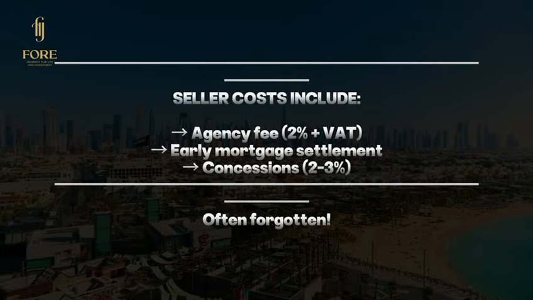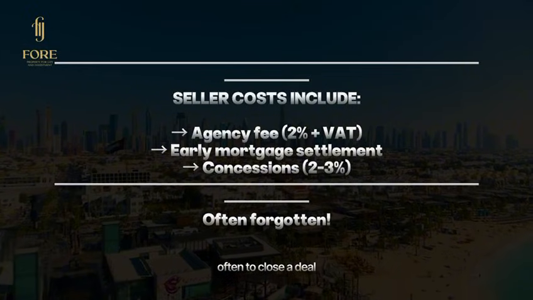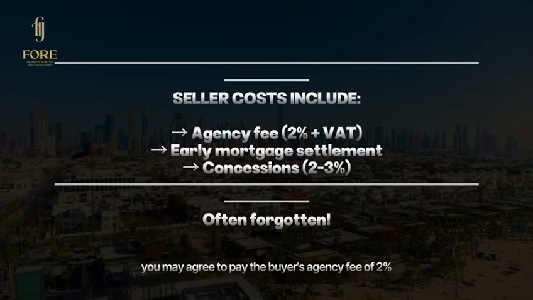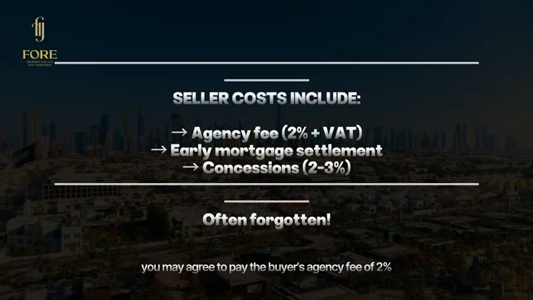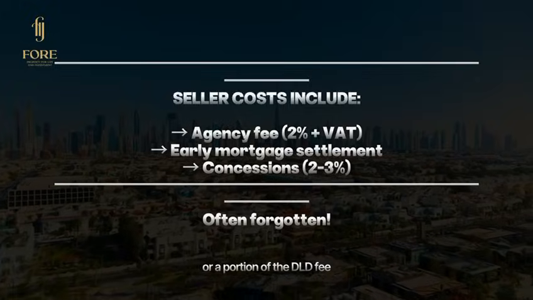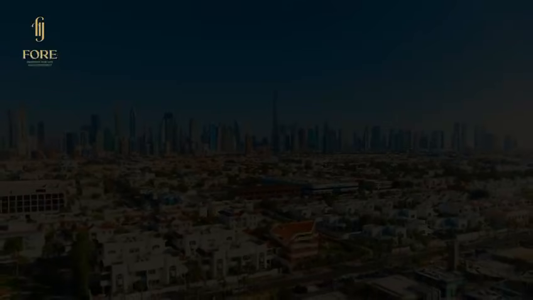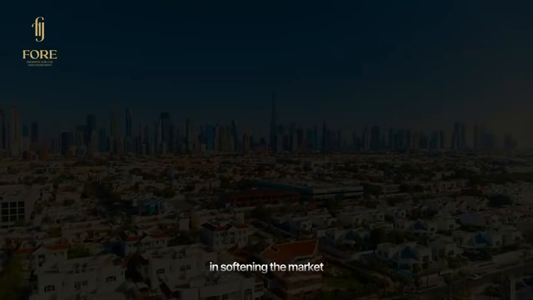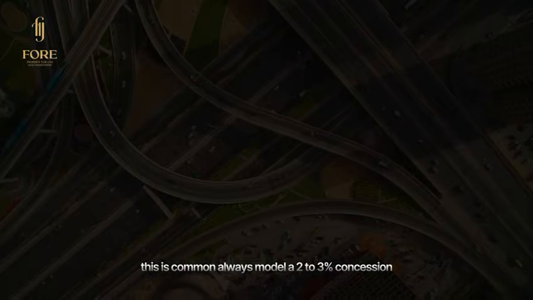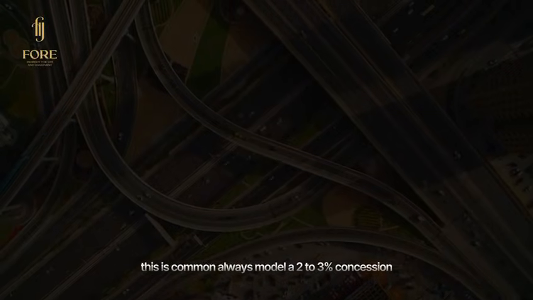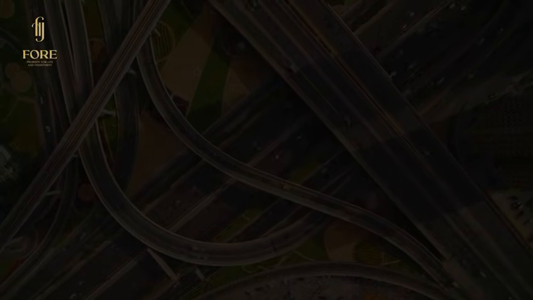Concession: often, to close a deal, you may agree to pay the buyer's agency fee of 2% or a portion of the DLD fee. In a softening market, this is common. Always model a 2 to 3% concession.